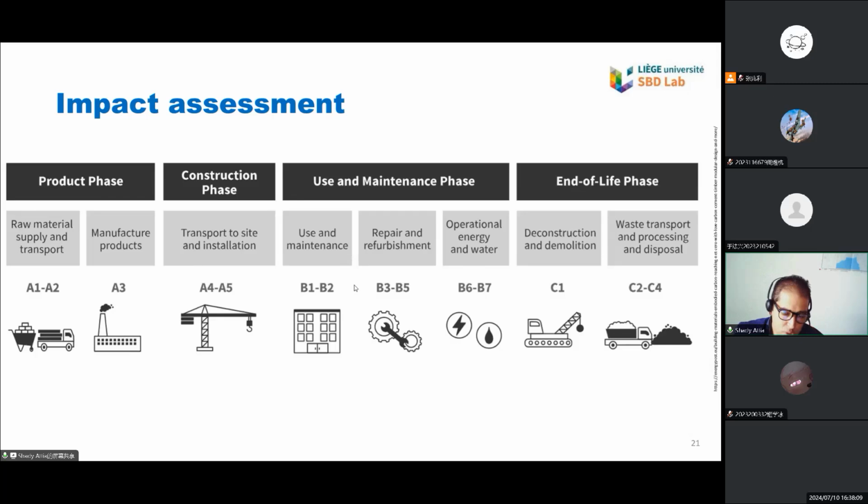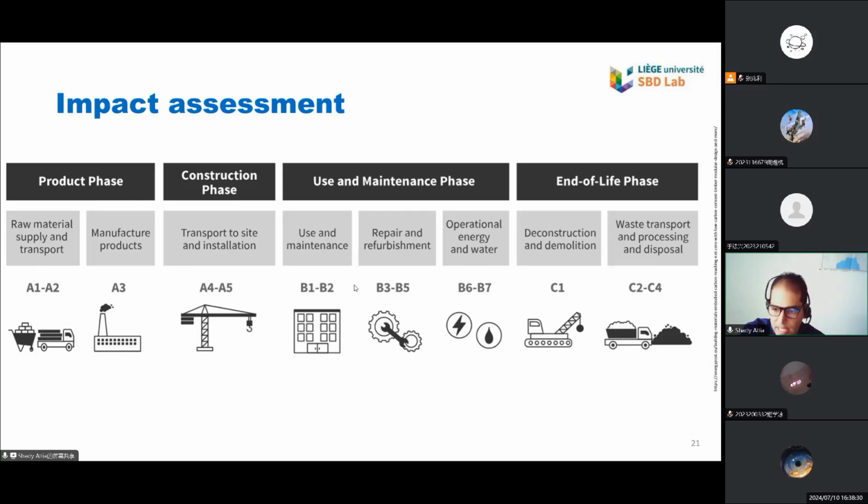So it's important, while we have a standardized workflow or timeline for the different stages of the building life, that we name these stages. When we calculate the greenhouse gas emissions, we must make sure we know for which stage we are calculating them.